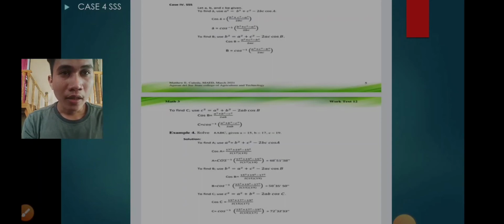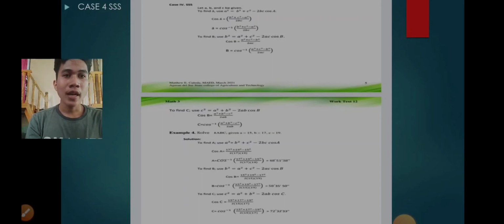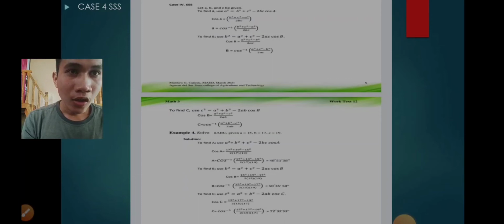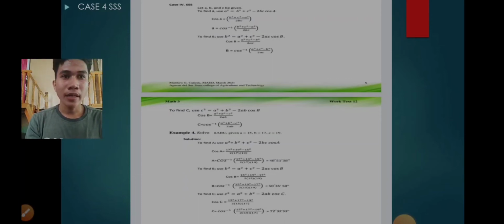Then A is equal to the cosine inverse of the quantity b squared plus c squared minus a squared over 2bc. And to find B, use b squared is equal to a squared plus c squared minus 2ac cos B. Then cos B is equal to a squared plus c squared minus b squared over 2ac.